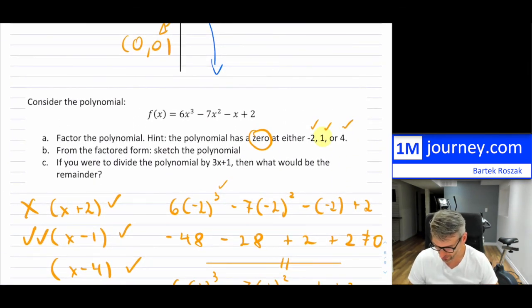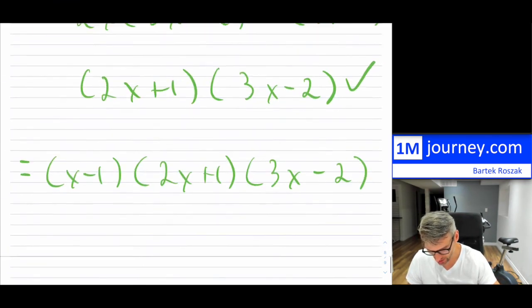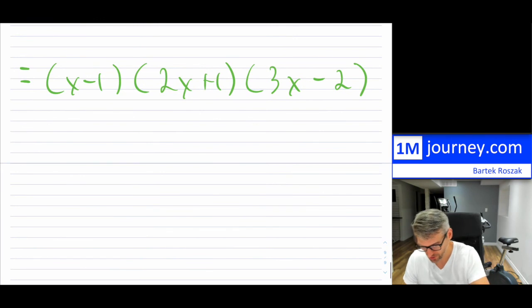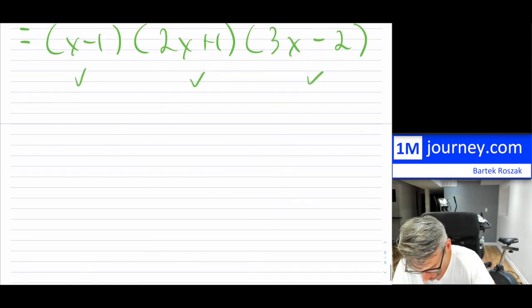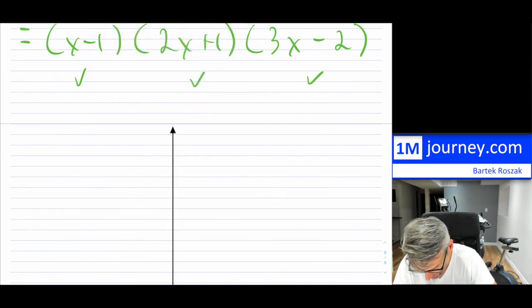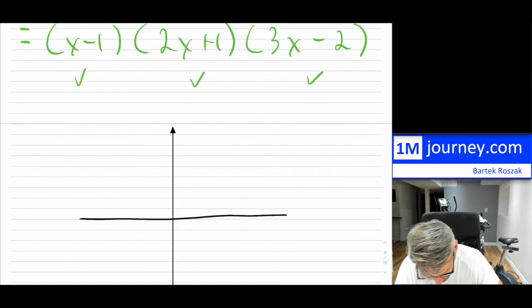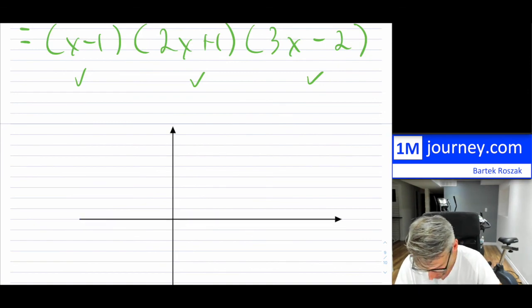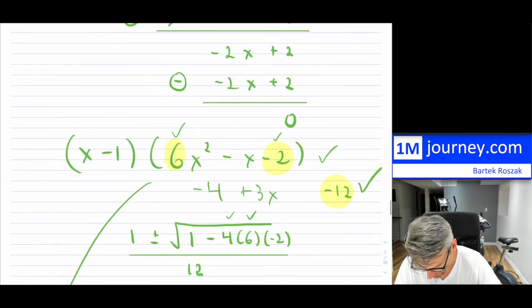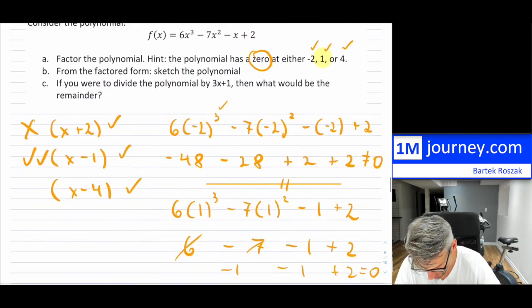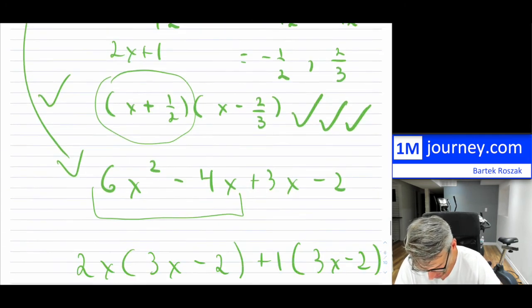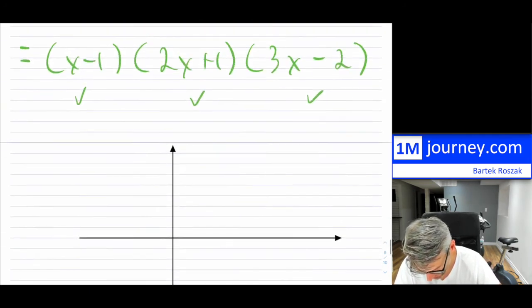Part B, from the factored form, sketch the polynomial. Oh my gosh. Okay, so I have these zeros. So this one was 6x cubed.